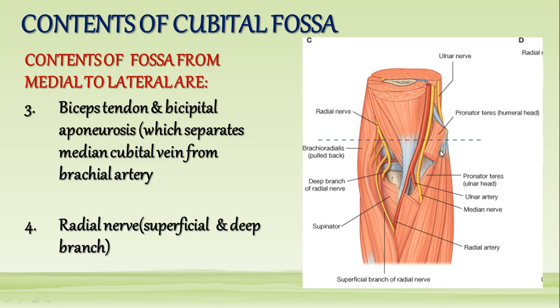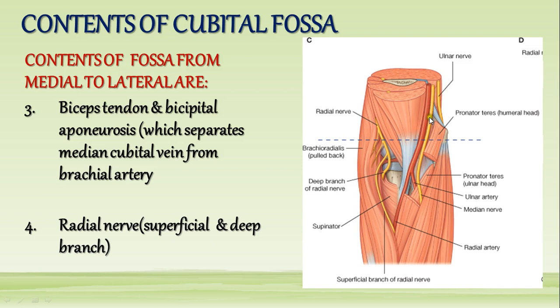We have four contents present in the cuboidal fossa, from medial to lateral. The most medial structure is the median nerve, then the brachial artery, the biceps tendon and the radial nerve. The median nerve passes between the two heads of the pronator teres.